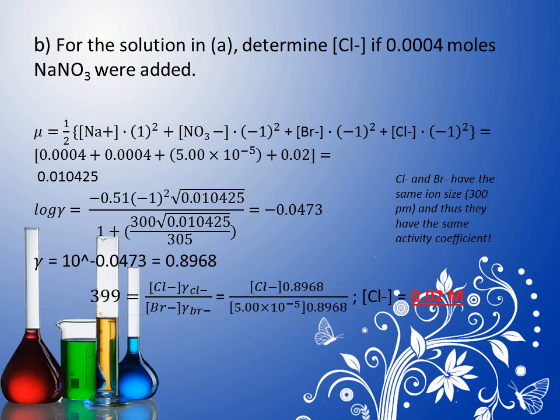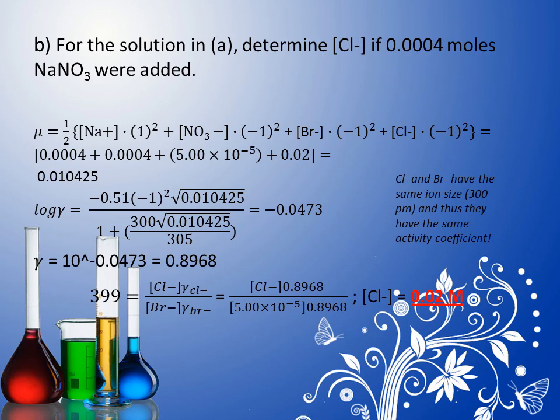And now on to the harder part, B. For the solution in A, determine the concentration of Cl- if 0.0004 moles of NaNO3 were added. Alright, first we have to find the ionic strength. We take the concentration of each ion multiplied by its charge squared, and in the end we get 0.010425.